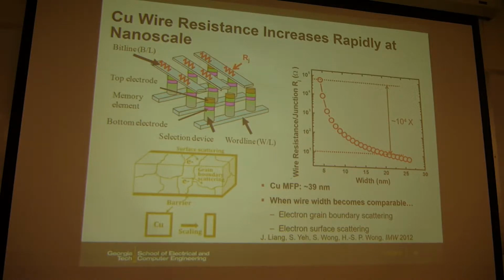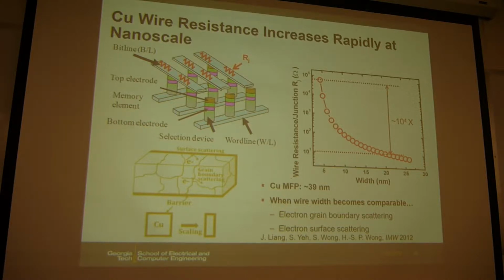Although the wire may be made of metal, you may have copper as a metal wire, even with copper the wire has some finite resistivity. And if you think about the geometry of this very nanoscale wire, actually the resistance is not negligible.